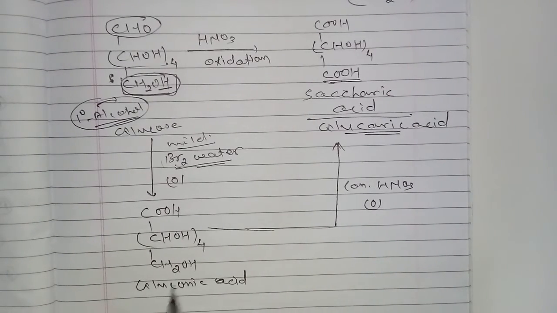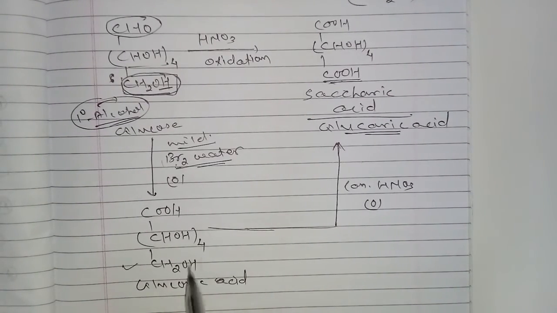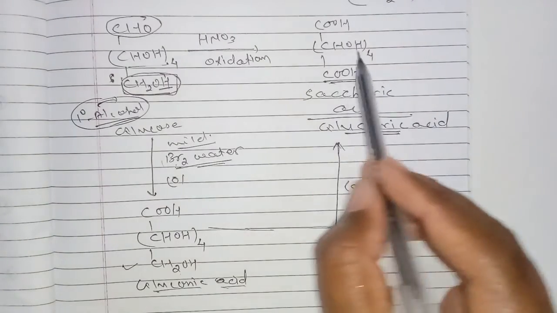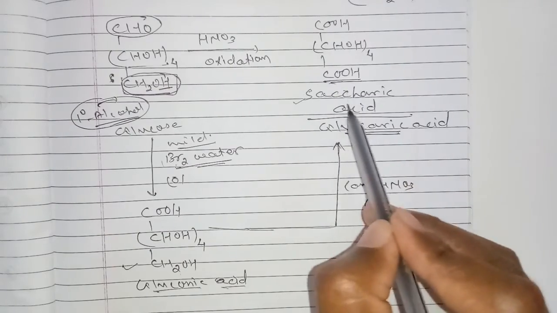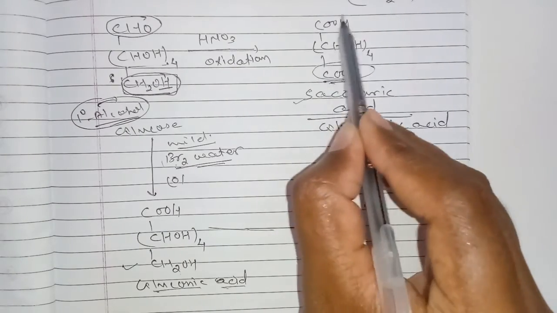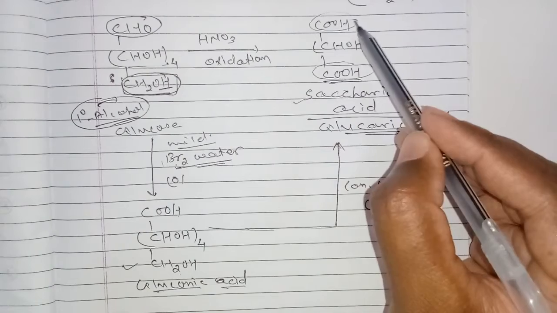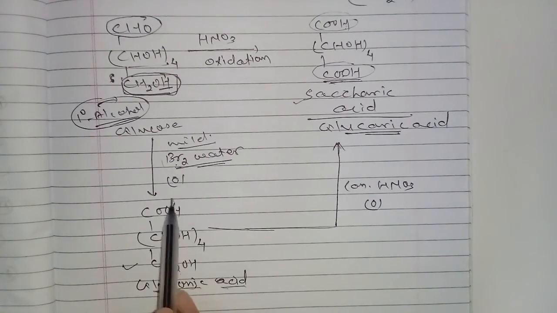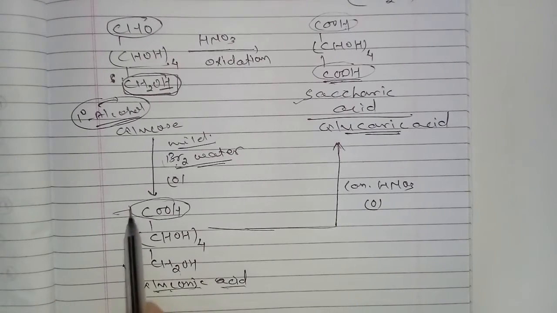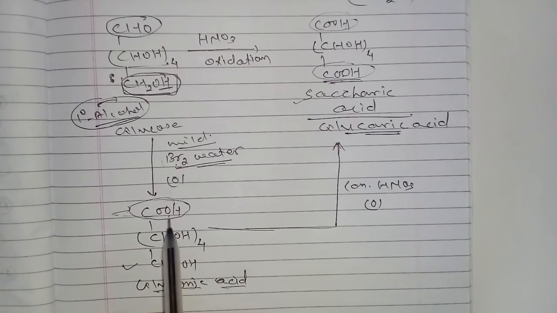See, this is the difference between the structures of gluconic acid and glucaric acid. In glucaric acid or saccharic acid, there are two carboxylic groups, while in gluconic acid only one carboxylic acid group.